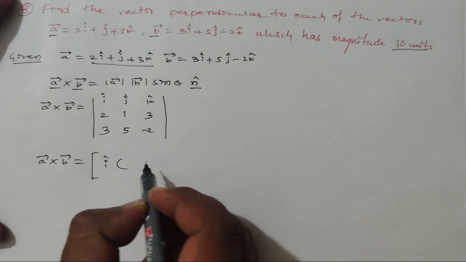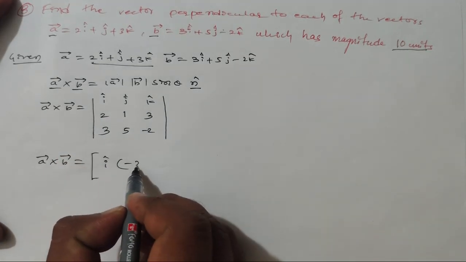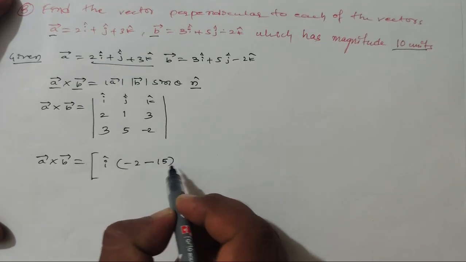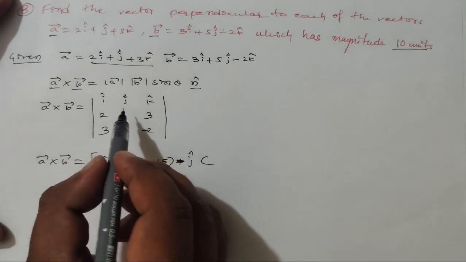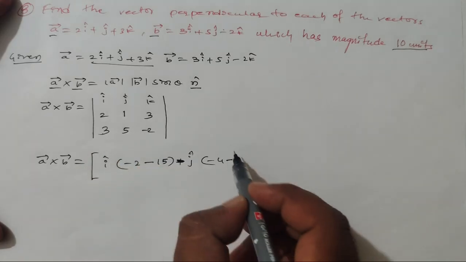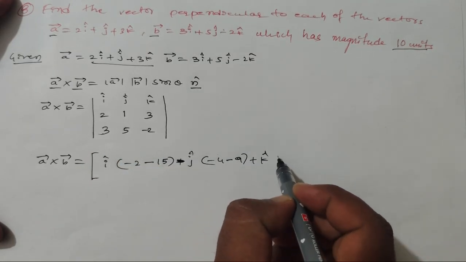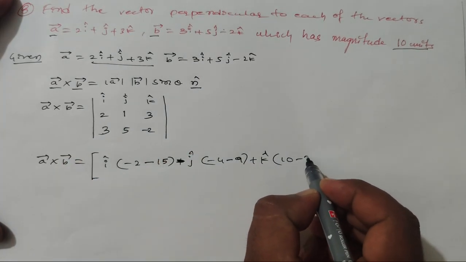i into bracket: 1 into minus 2 becomes minus 2, minus 5 into 3 becomes 15. Plus j, sorry, minus j cap, bracket: minus 4 minus 9. Next plus k cap into bracket: 2 into 5 is 10 minus 3 into 1 becomes 3.